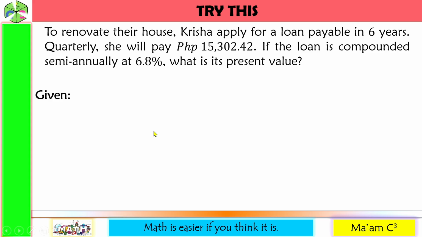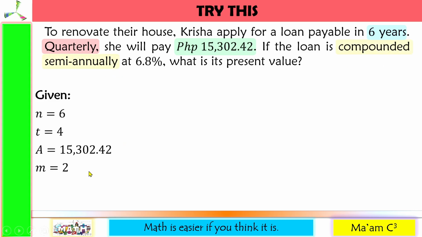Let us determine the given. The first thing that we have here, 6 years, payable in 6 years. This is our N. This is quarterly, meaning this is 4 times in a year. T is equal to 4. 15,302.42 is our annuity. Compounded semi-annually, meaning our M is equal to 2.